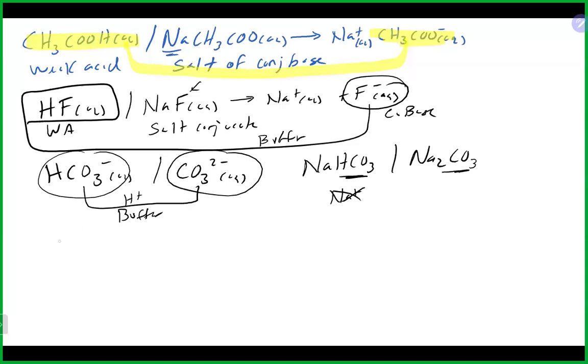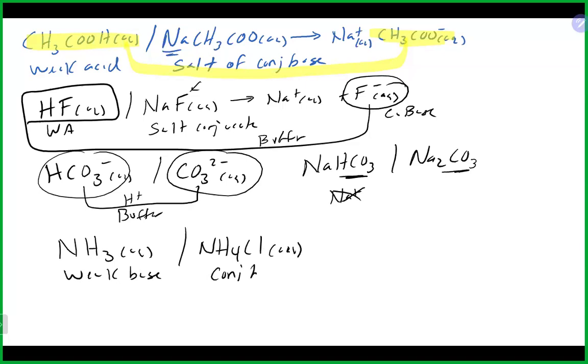So you could also have a weak base. Ammonia is probably the most common weak base you could come across. And you could have ammonia and something like ammonium chloride as a buffer, and that is a weak base and its conjugate acid. And it's really the salt of its conjugate acid.